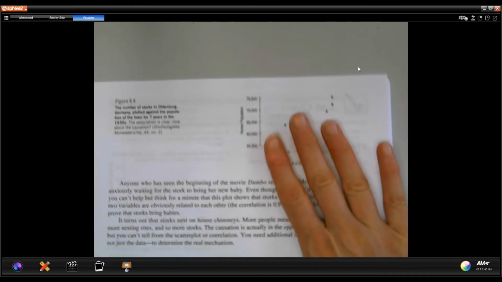When in reality, it says on here somewhere, storks nest in house chimneys. So the bigger the population of people and the more houses there are, there are more chimneys and more places for storks to nest. So actually the human population increase caused the stork population to increase, the other way around. So you cannot assume causation from a scatter plot, even if it has a high correlation.